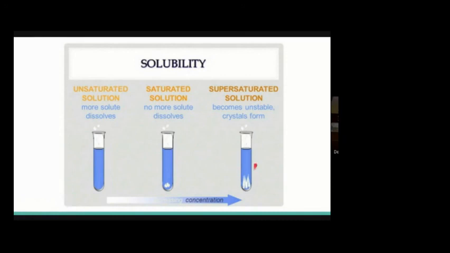The supersaturated solution looks like that as well. But once you add these two crystals, the unsaturated solution will still look like this. The saturated solution, those two extra crystals will fall to the bottom. And over here, if you add the extra crystals, you can see those crystals growing out of the bottom rapidly. And so the excess crystals come out of the solution.